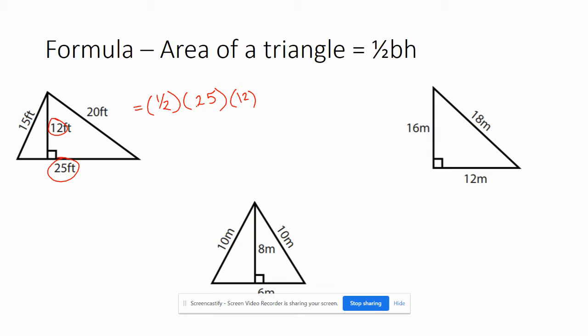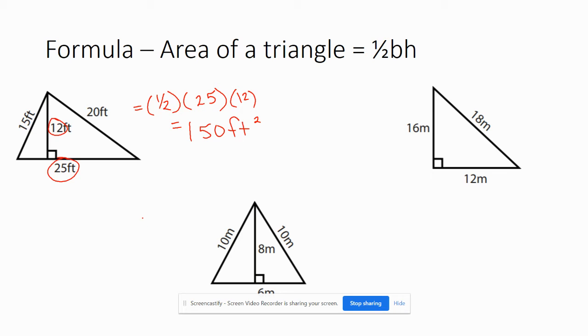Let's say 0.5 times 25 times 12. And that would give me 150. Now, they use feet in this measurement, so we got to say 150 feet. And since we're talking about area, of course, it is squared. 150 feet squared.